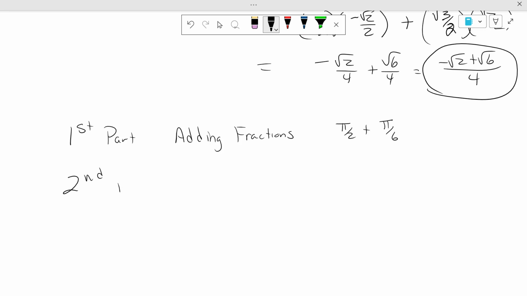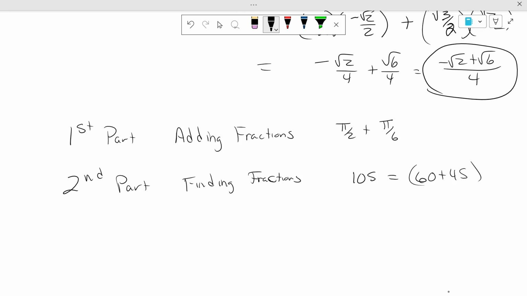The second part is finding fractions, or like if you have 105 degrees, what 2 things on your unit circle add up to 105? Well, that'd be 60 plus 45.